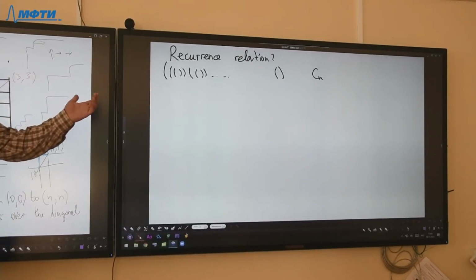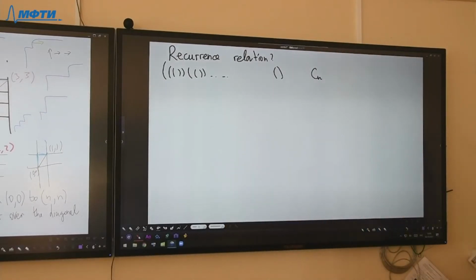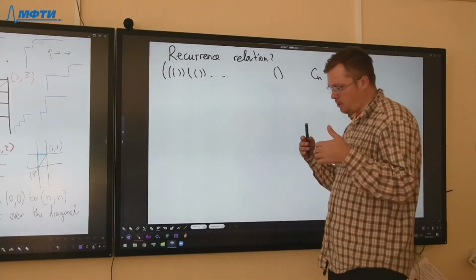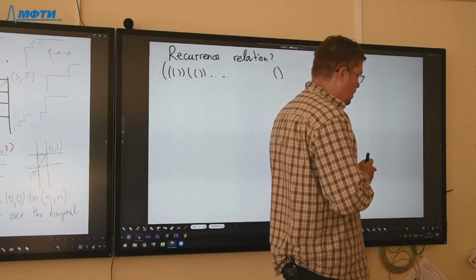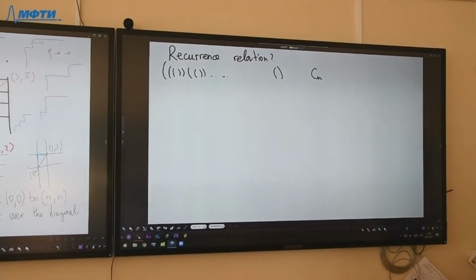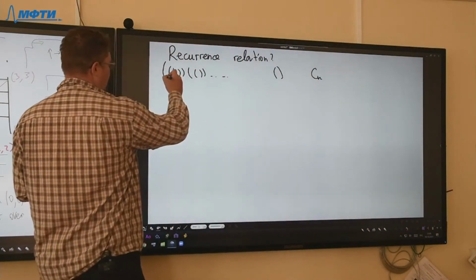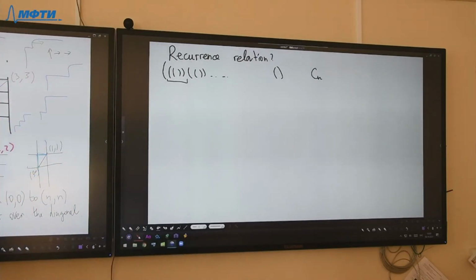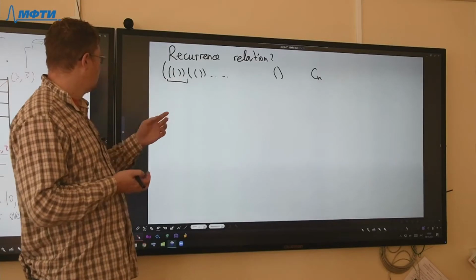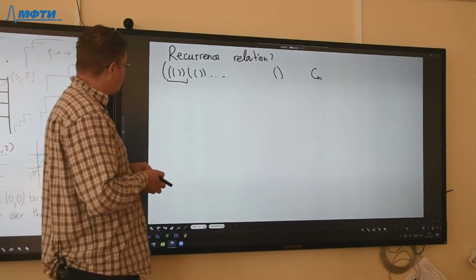For example, if I take these subsequences, we see that this is also a correct sequence of brackets.